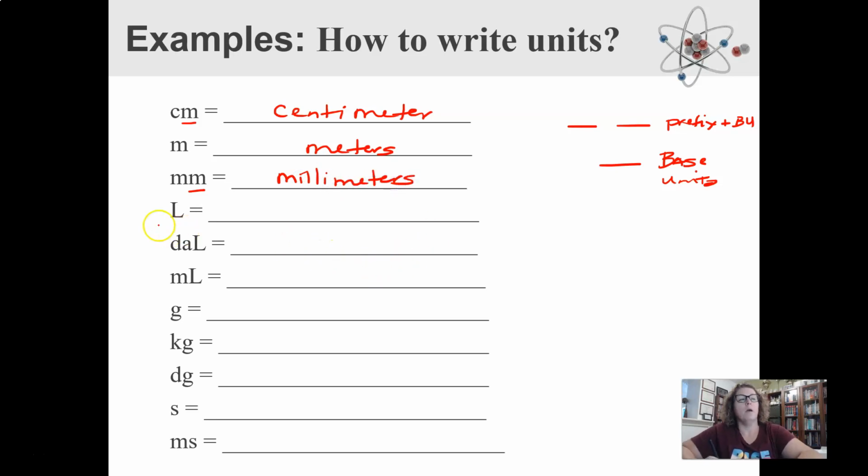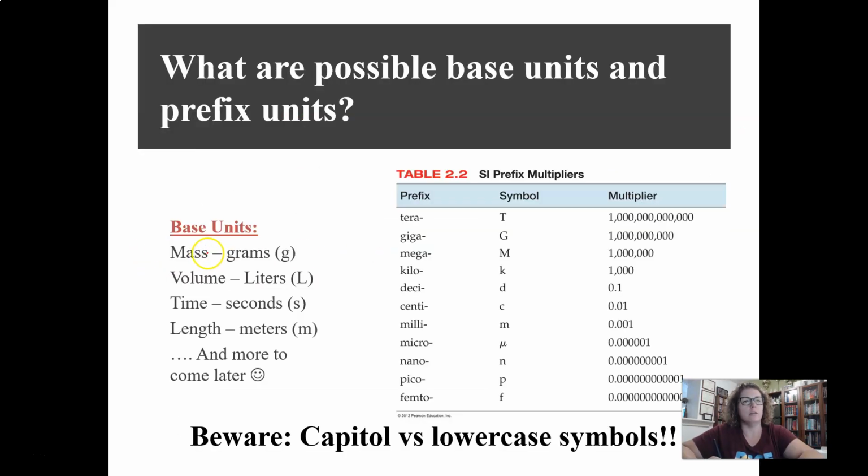We already know capital L is liters. But what if I have dA and then capital L? I already know the ending is the base unit, so that is liters. But what is dA? Unfortunately it's not on this chart, but dA is called deca.